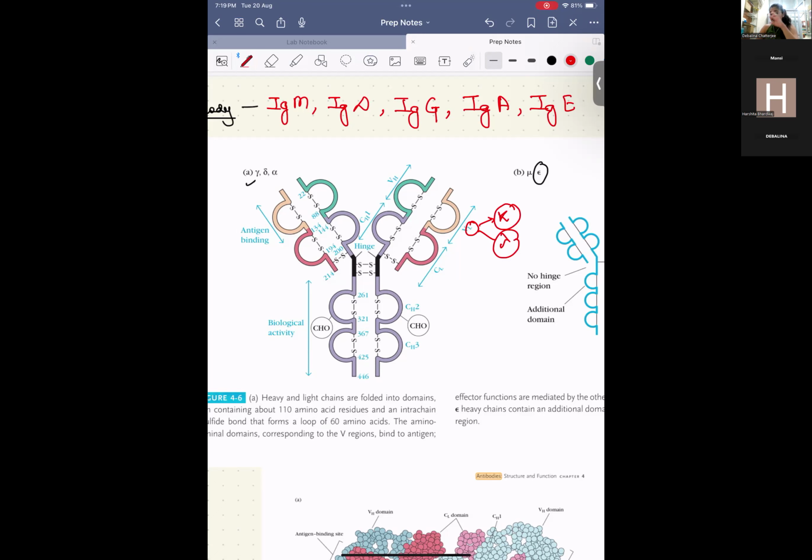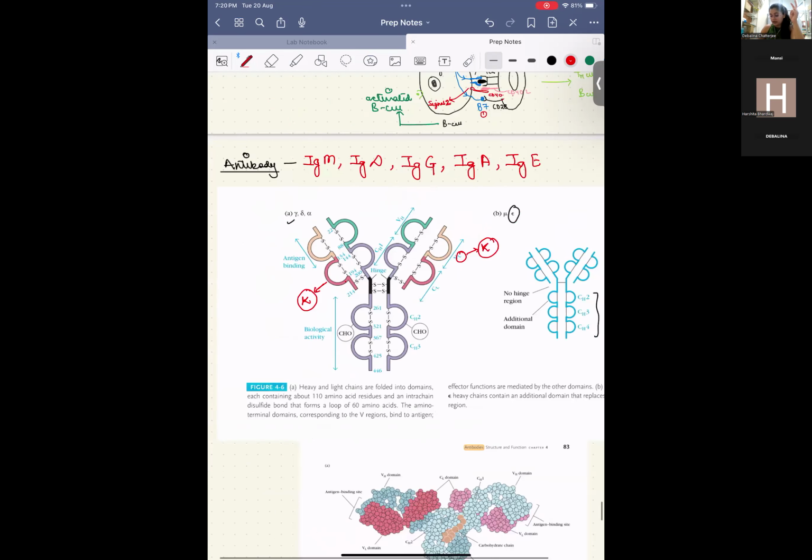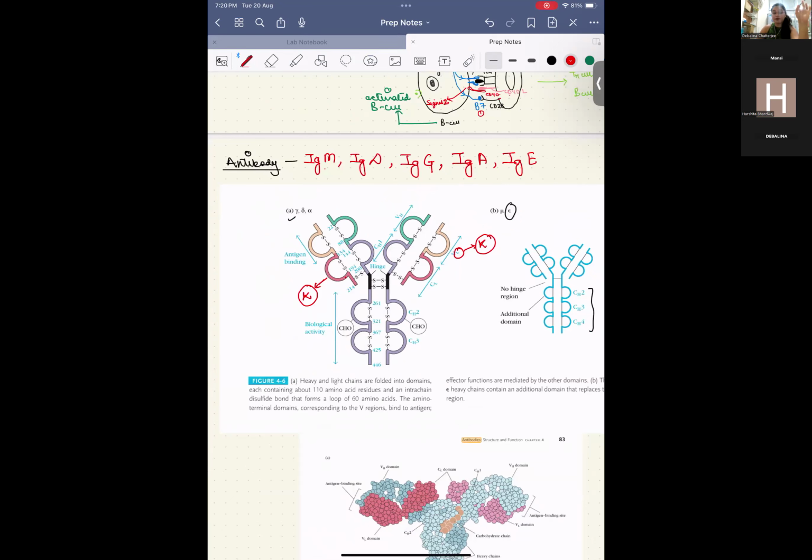What is important is that it is never the case that we have one kappa chain and one lambda chain. Both the light chains are of the same make, so if it's kappa, it's kappa for both chains. Similarly, for light chain we have two types, but for the heavy chain, based on which the isotypes have been named, we have five choices: the gamma chain, delta chain, alpha chain, mu, or epsilon chain.